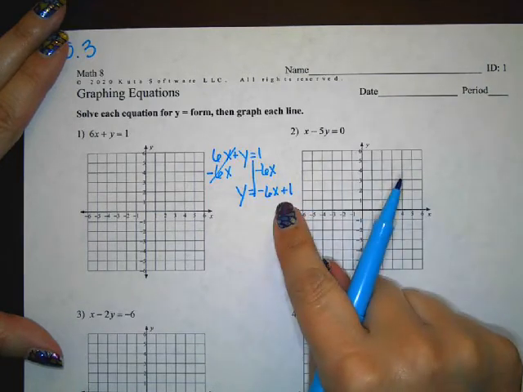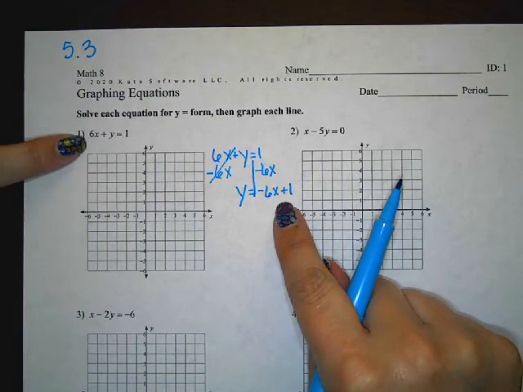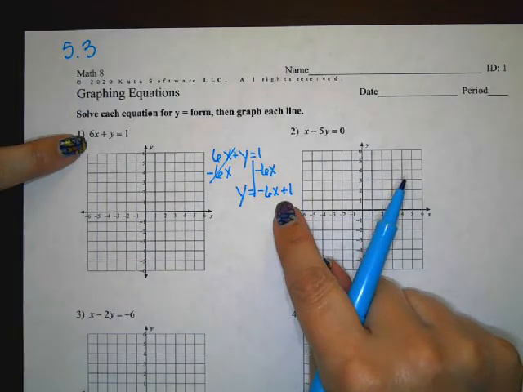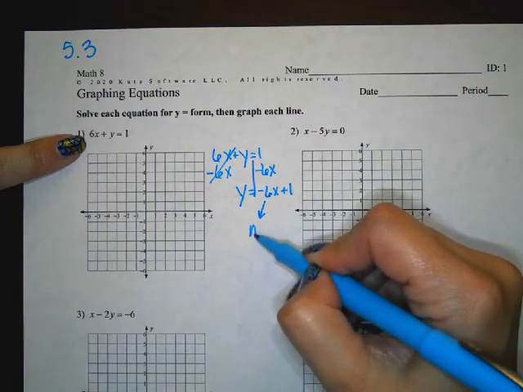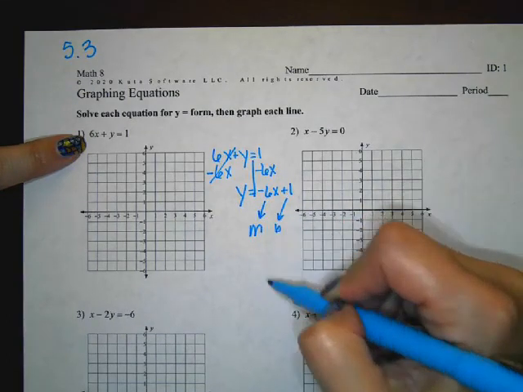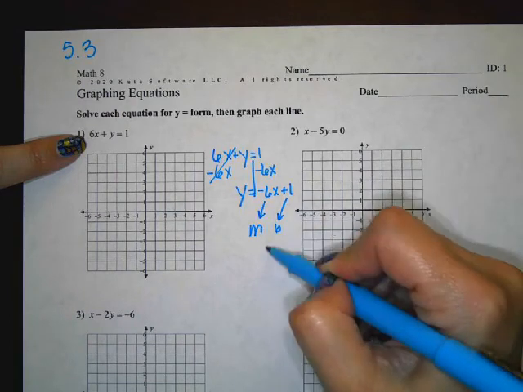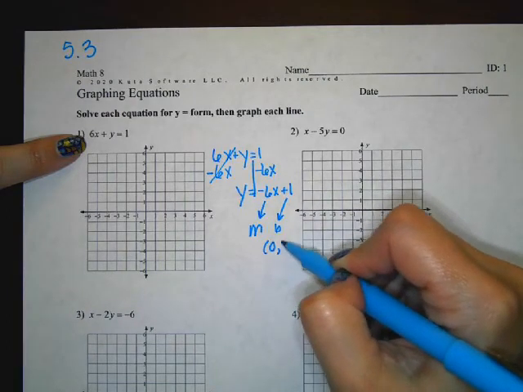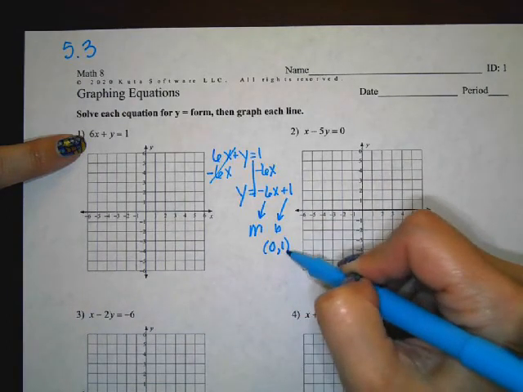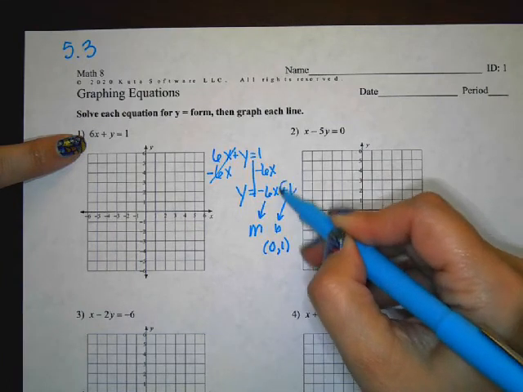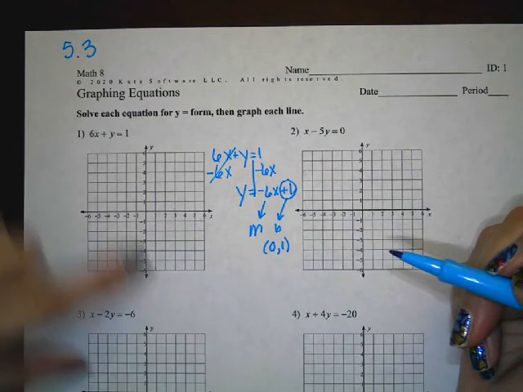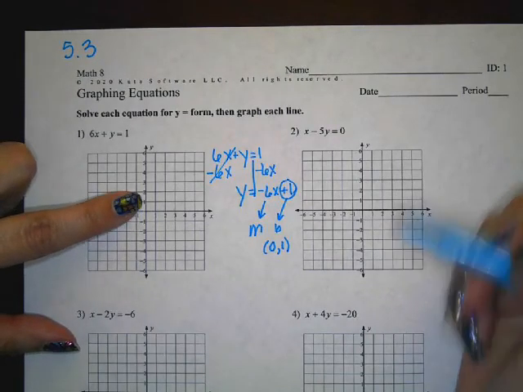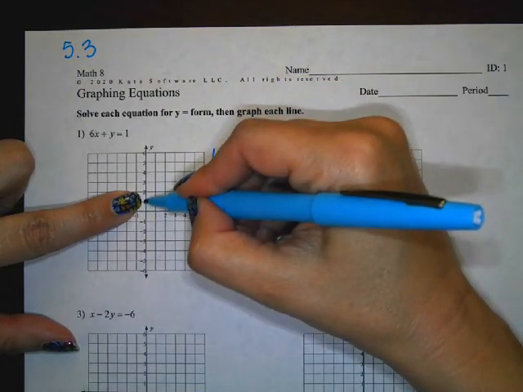So this is the equation. It's the same equation as the original one, we just rearranged it. But now we know two things: we know the m value and we know the b value. The b value, remember, is my intercept. So my intercept is at (0, 1) because this is a positive 1 here. So that's where I'm going to start graphing. (0, 1) is going to be the first point on my graph.